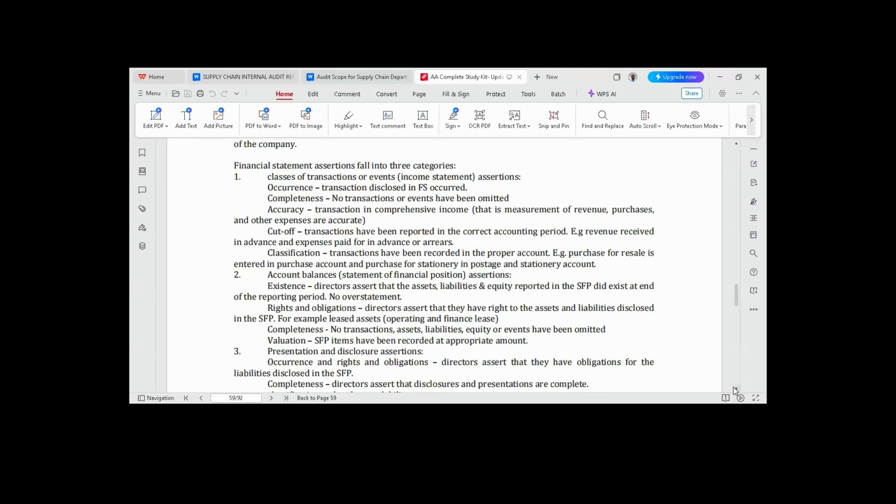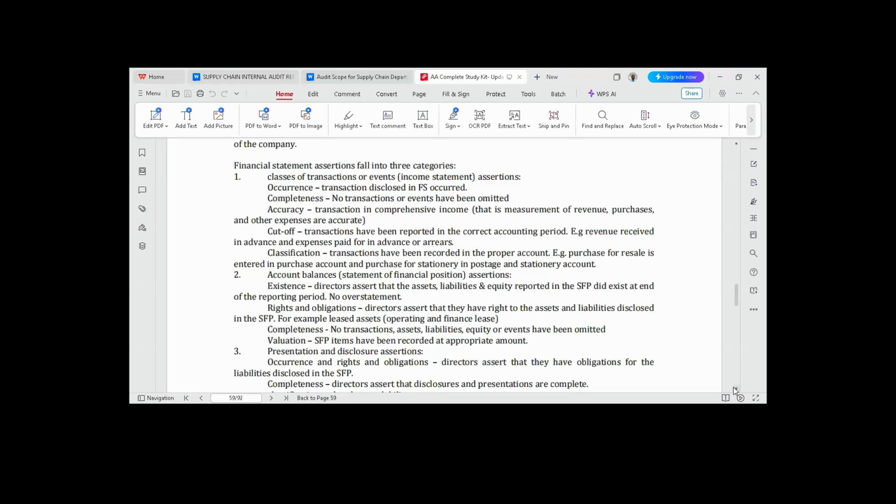Occurrence. Occurrence is that all the transactions contained in the statement of profit or loss actually occurred. They are not fictitious. They are not fake. For instance, stationery. If they buy stationery, it will come under what account code in your financial statement?